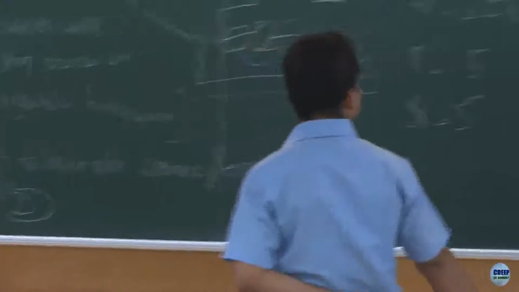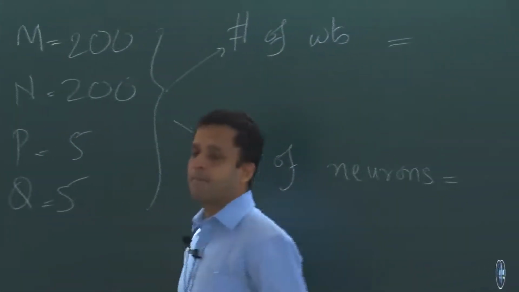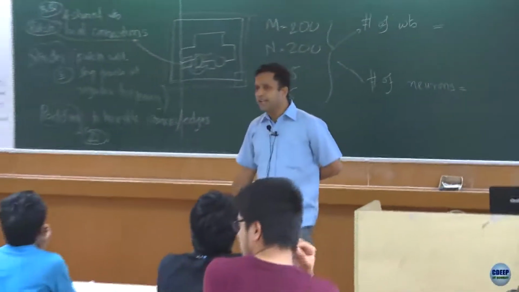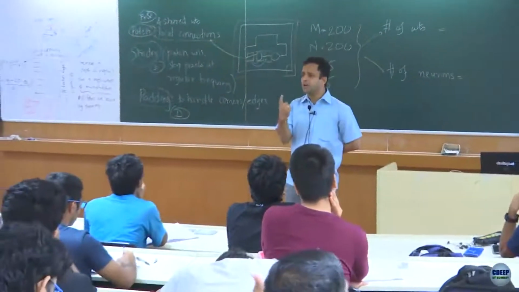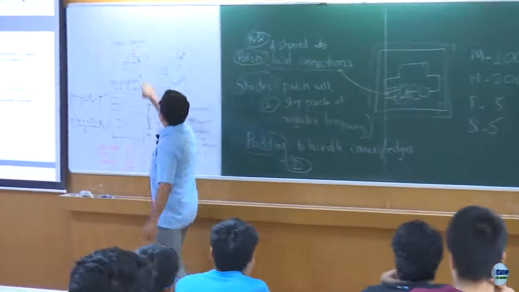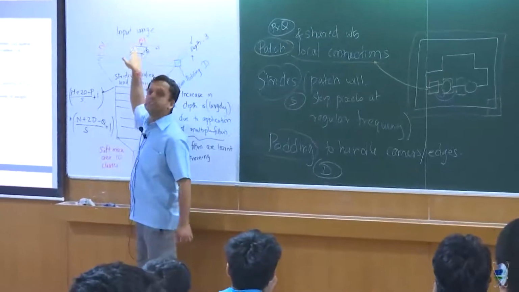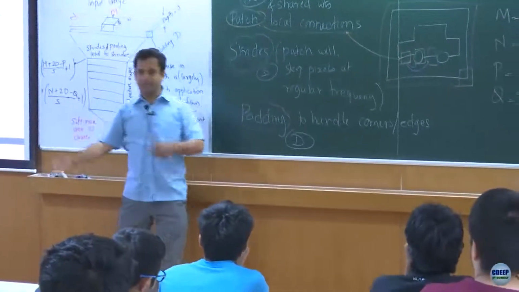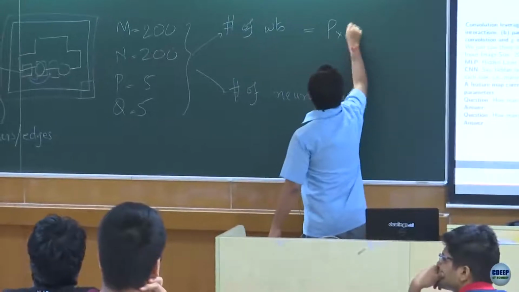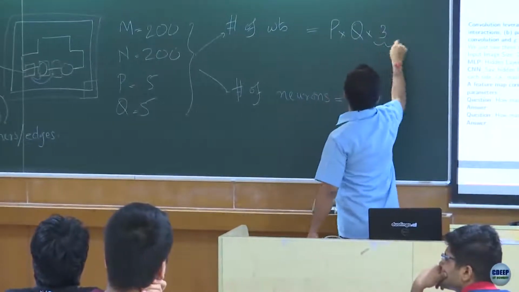For each input channel, you mean RGB? No. So this is P into Q into 3, the whole thing into 20. So yes, you're right, P into Q into 3.